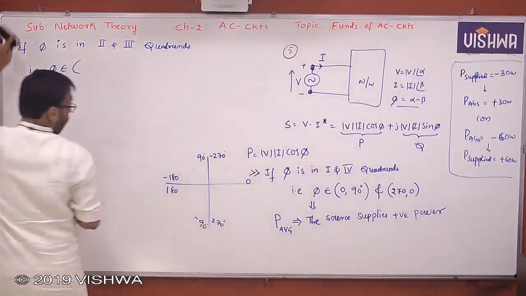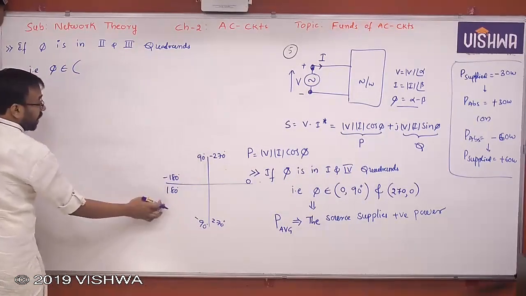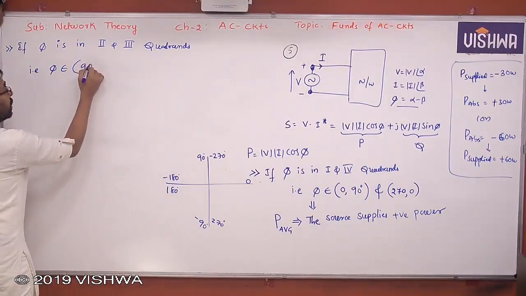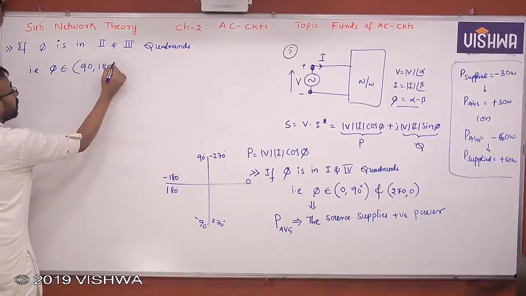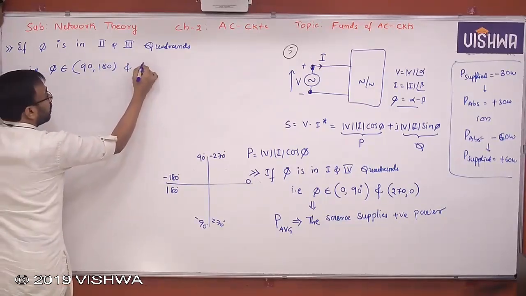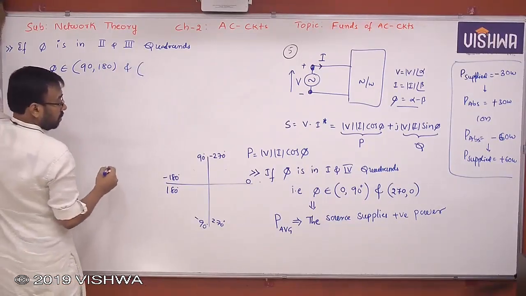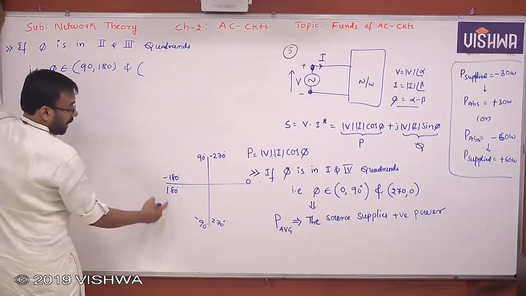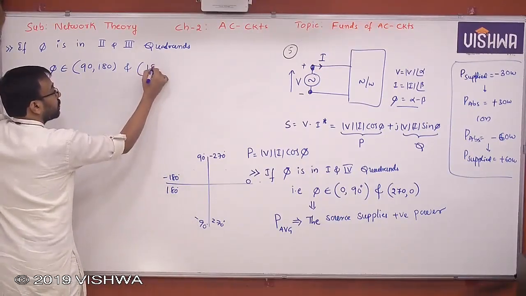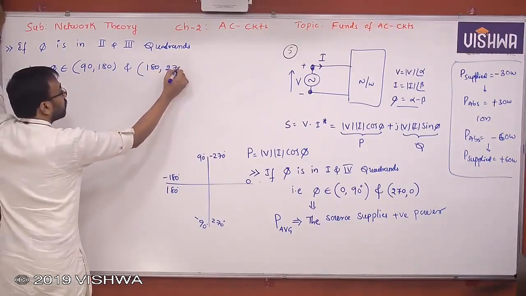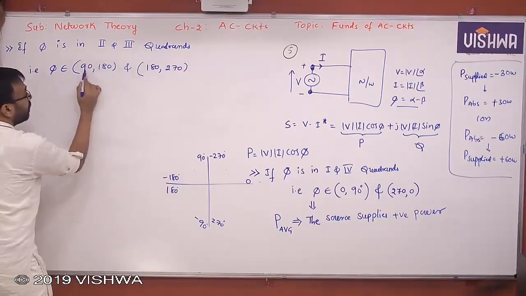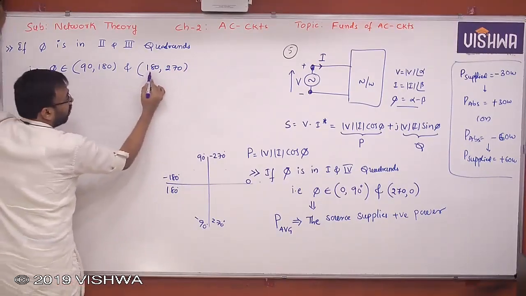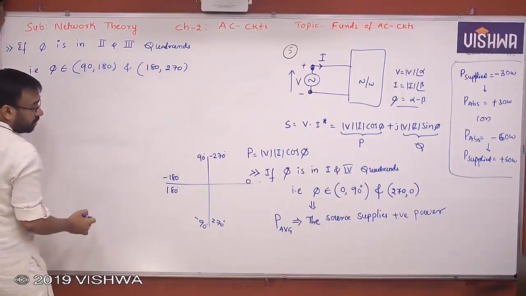And what is this? 90 to 180, right? 90 comma 180 and, okay, and 180 comma 270. Okay, if that angle is between 90 and 180, or 180 and 270.